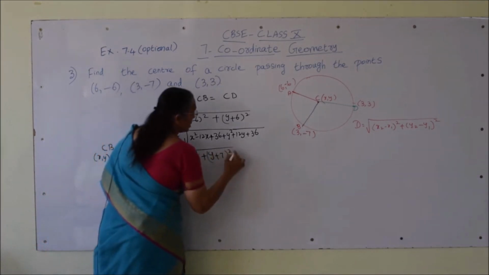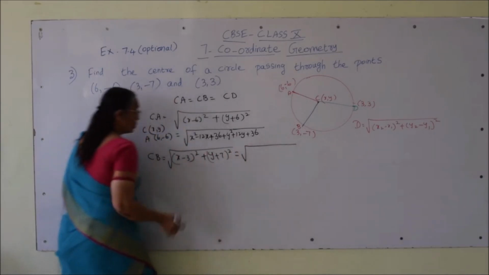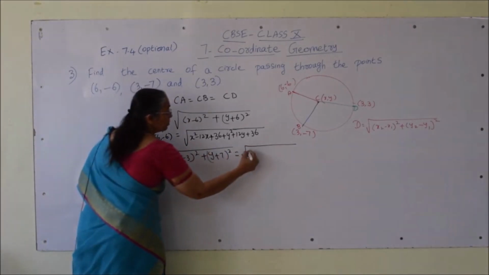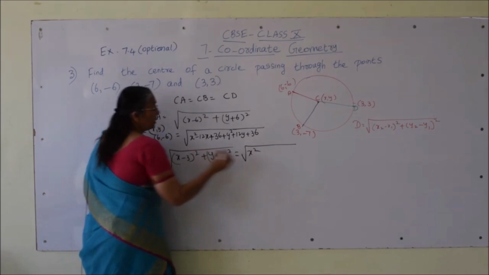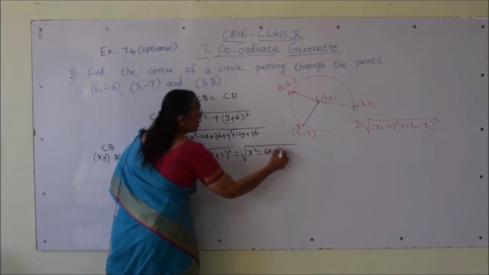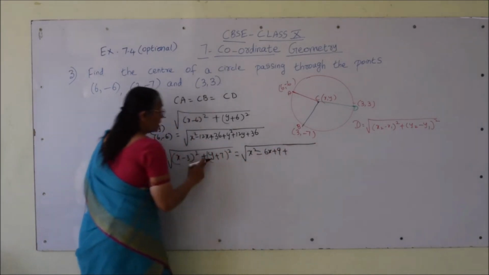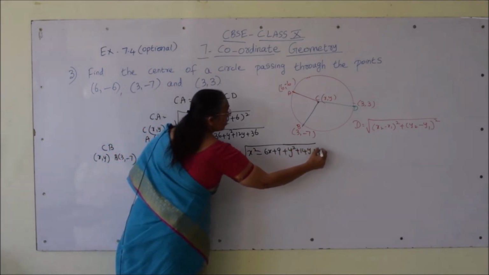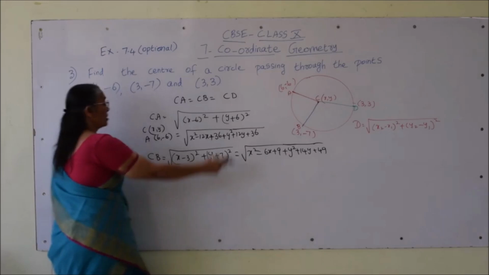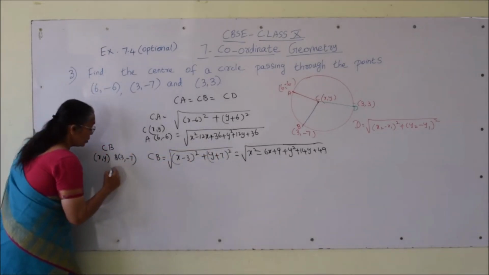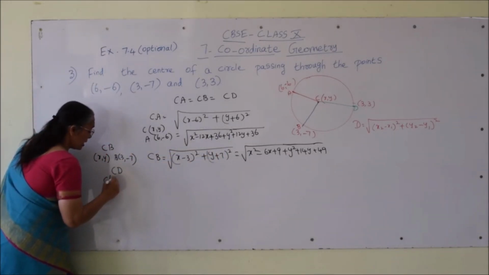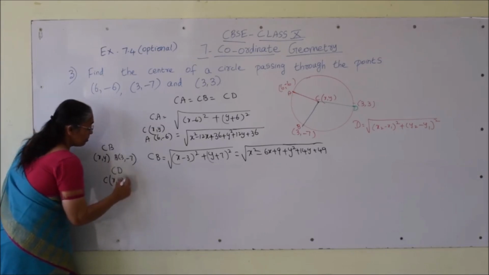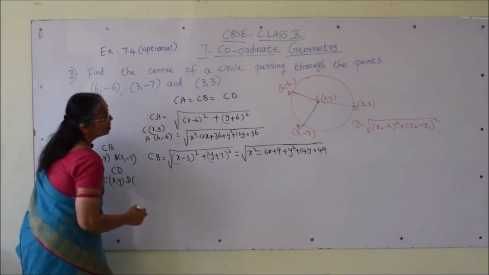On simplification we get root over x square, the 2ab term minus 6x and the b square term is plus 9, and y square plus 14y plus 49. Now, this is CB. Now, coming to CD, C is again (x, y) and the D point is given as (3, 3).